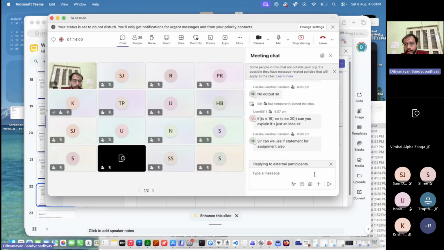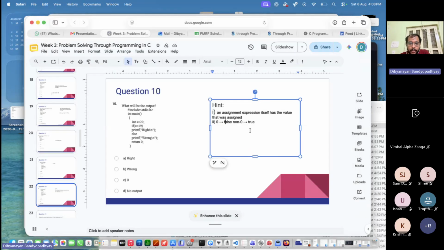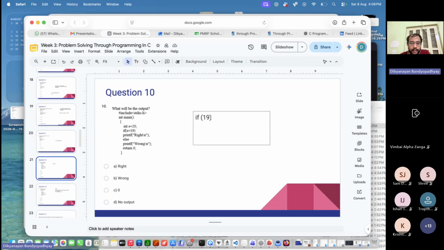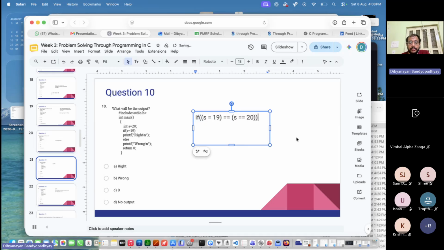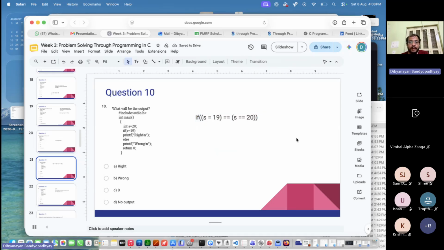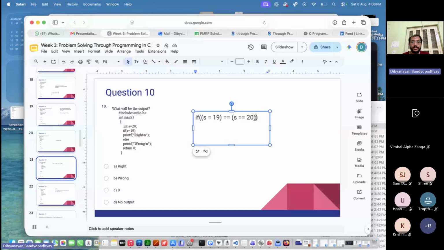Another user asked actually, if s equal to 19 equal to s equal to 20. Let me just copy it from here, then let me explain. He is saying that if this is the thing, then what will happen? If you see carefully what the precedence is, you have to evaluate one first and then the other. Obviously it will be first here because it is left to right.